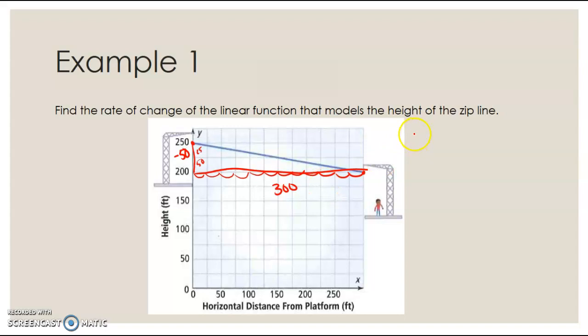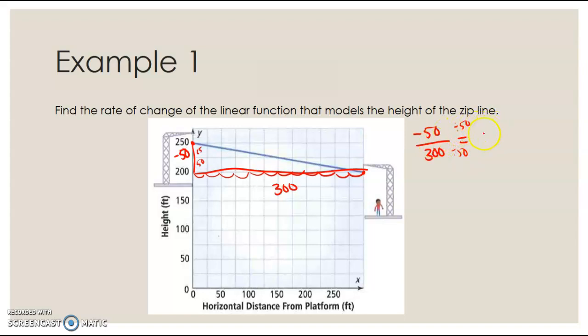And so from there, my rise is actually a fall, but we're still going to call it a rise of negative 50 over 300. So rise over run. And then I'm going to reduce. So 50 divides into both of these. So I'm going to divide both by 50.